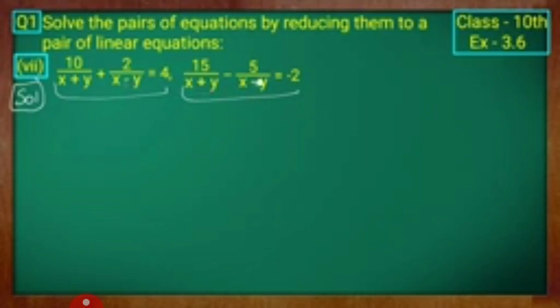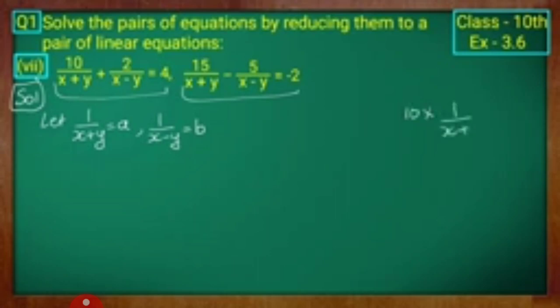Now you can see from this pair of equations, x plus y is in the denominators, so we assume 1 upon x plus y as a, and for x minus y, 1 upon x minus y as b. It is like the previous parts, so there is no problem; you have to follow that pattern.